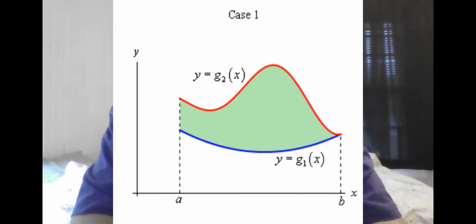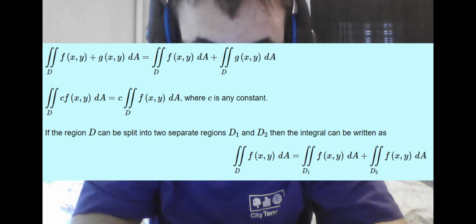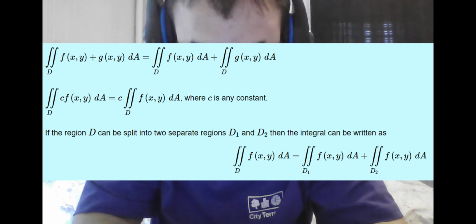Before we look at specific examples of how to apply this kind of technique, I'd like to take a quick detour to convenient properties of double integrals. In particular, the double integral of a sum or difference is simply the sum or difference of the individual double integrals, which should not be too surprising because this was true for single integrals.